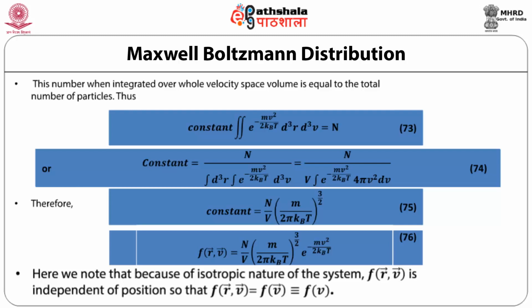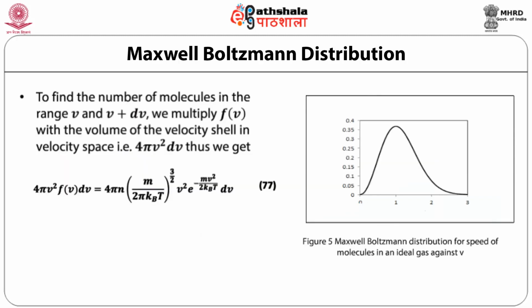Here we note that because of the isotropic nature of the system, f(r,v) is independent of position, so that f(r,v) is equivalent to f(v), the scalar. To find the number of molecules in the range v and v plus dv, we multiply f(v) with the volume of the velocity shell in velocity space, that is 4πv² dv.